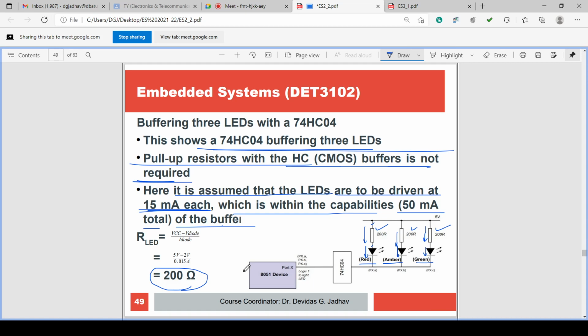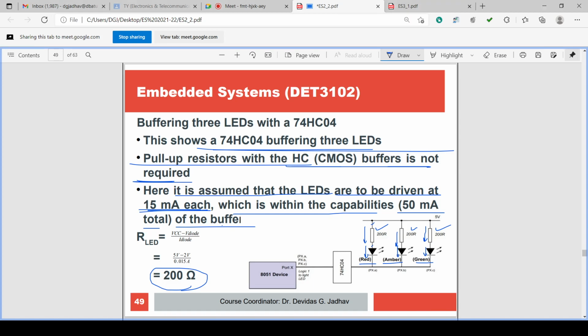The resistors connected in series with the LEDs in the LED circuit are 200 ohms each, so that every resistor provides (5 minus 2) divided by 200 ohm, which is 15 milliampere, to the LED.